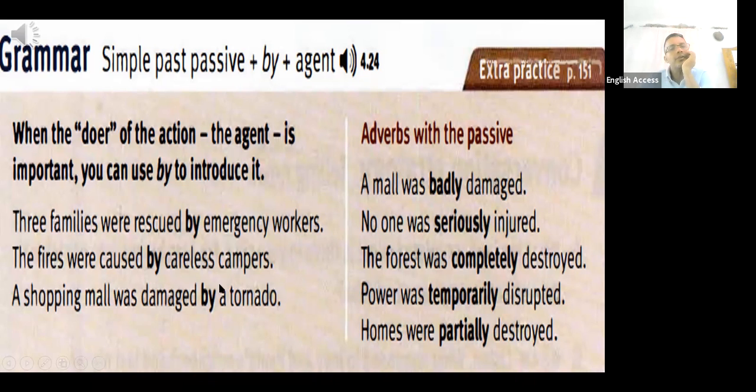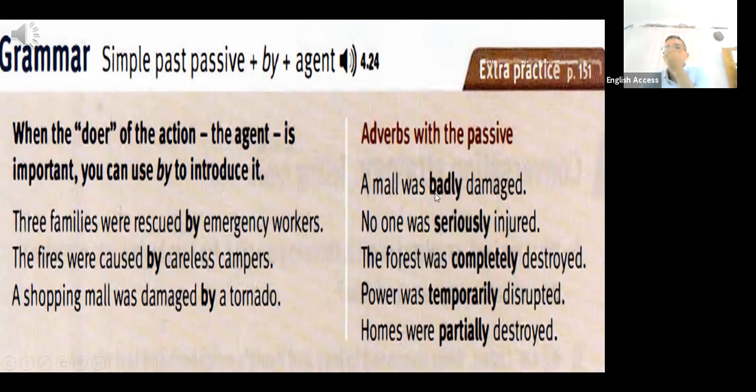We cannot say just a shopping mall was damaged. Then, if we add by a tornado, we know who or what, right? If we don't use by, the sentence is incomplete. So we have to use by when we need to know the doer of the action.